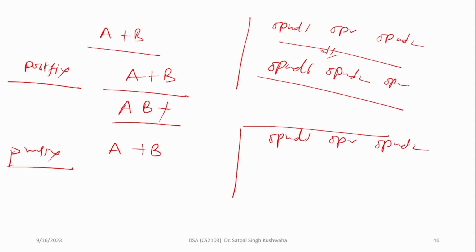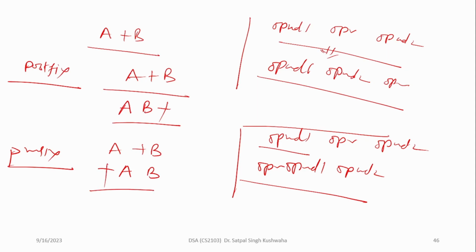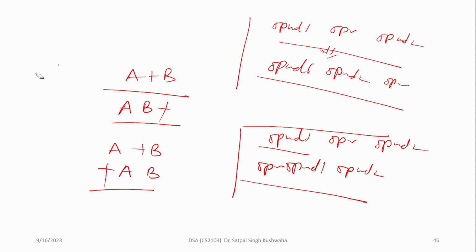For converting it into prefix form, I will write operand 1, operand 2, and place the operator before them. Very simple. In this way we can convert the expression from infix form to prefix form and postfix form. So let's take some bigger examples with more operands and operations.